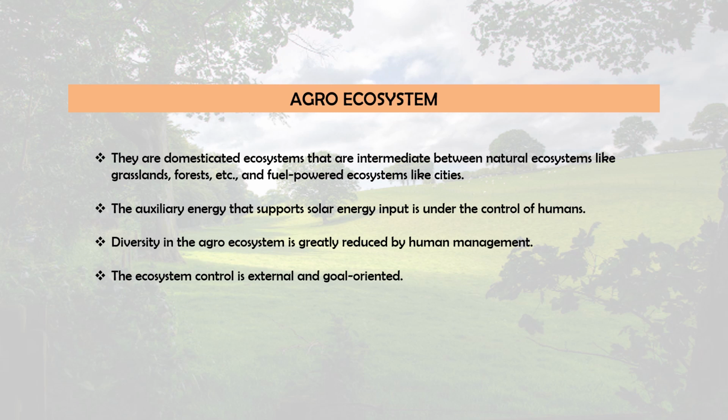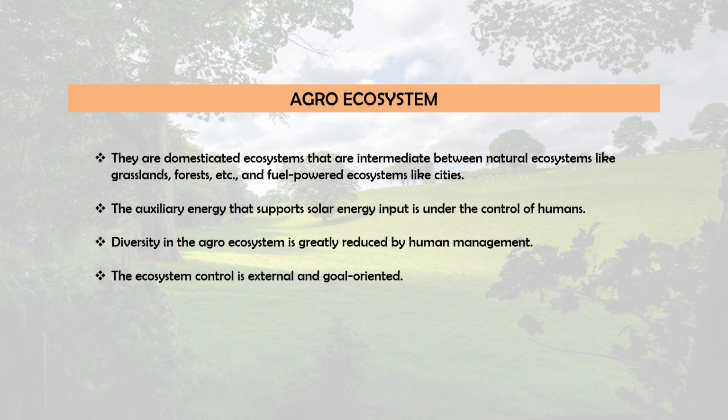So these things help the solar energy that is captured by plants in the agricultural field to get maximum output or maximum yield. And the diversity in agroecosystem is greatly reduced by human management.